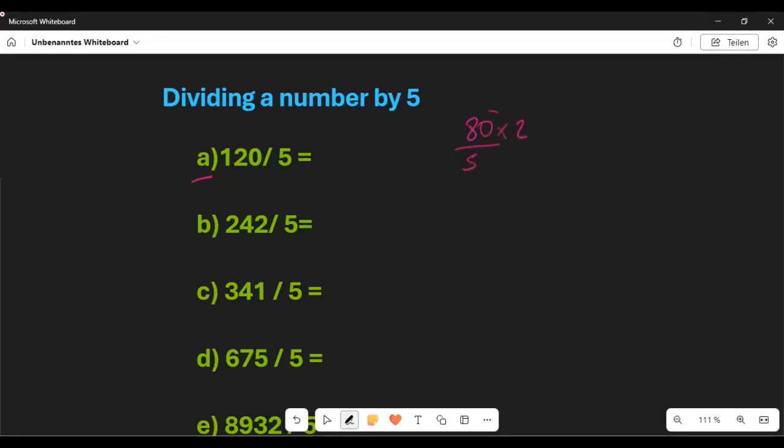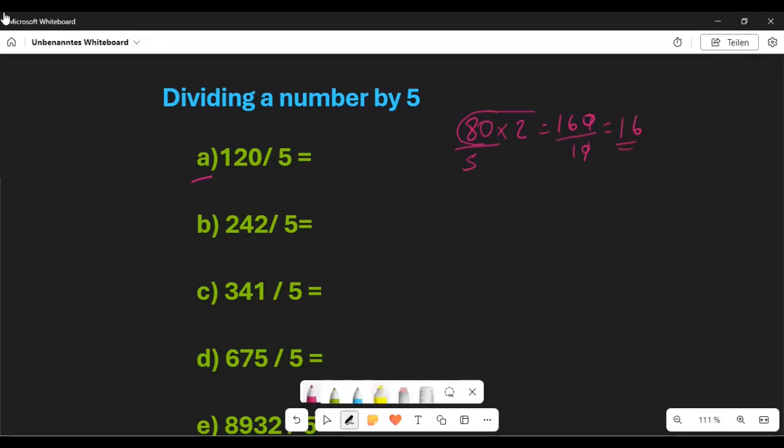The number that you want to divide, which is 80, multiply that by 2. It's easier to get. You know that's going to give you 160. Now quickly divide the number by 10. So you get the answer 16.